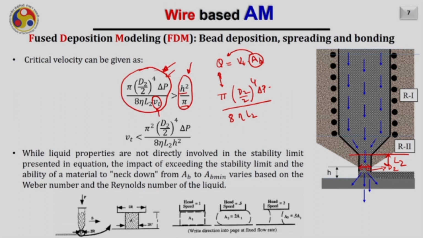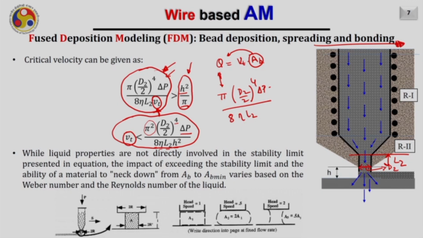Hence, I can find out from here the value of Vt, and the critical value of the velocity says it should be less than pi square (d2/2)^4 delta P divided by 8 eta L2 h square. So, this is the limiting value of Vt. Beyond this speed, we cannot move our head.